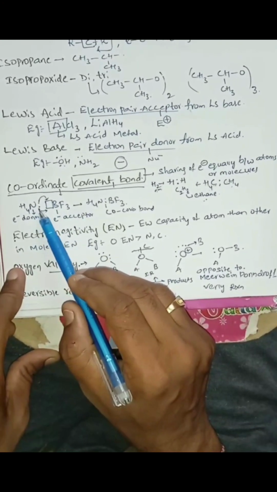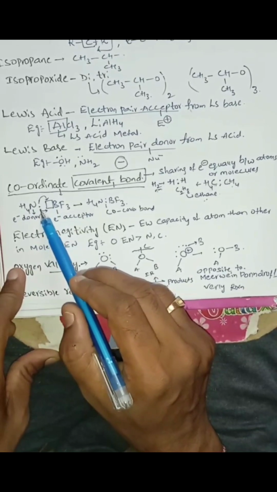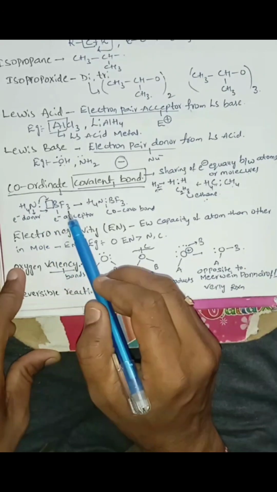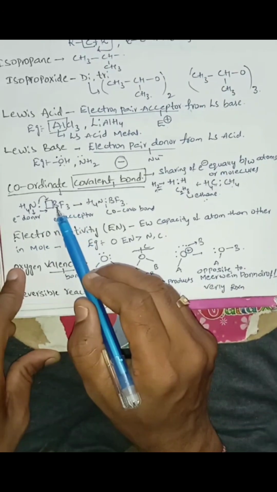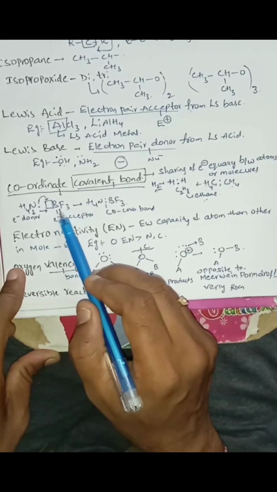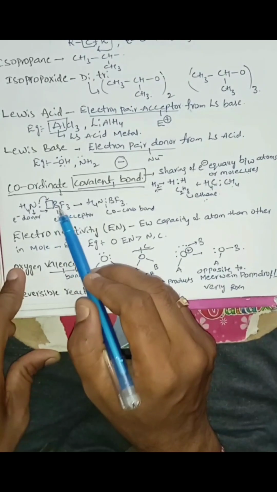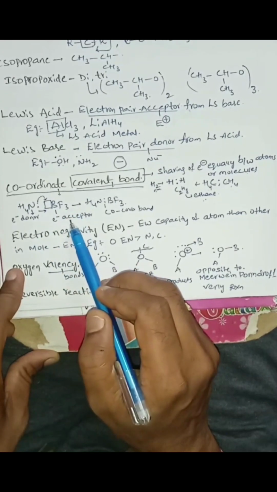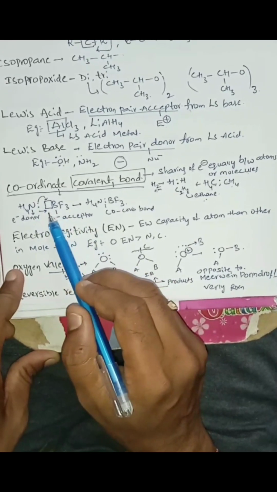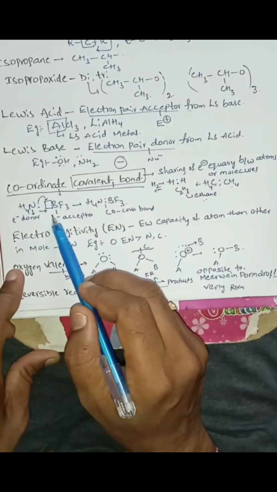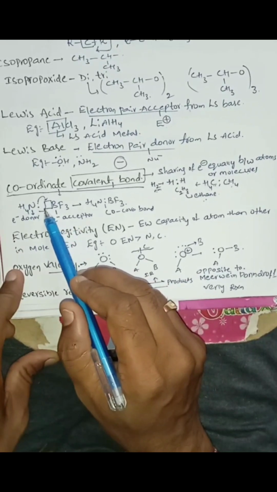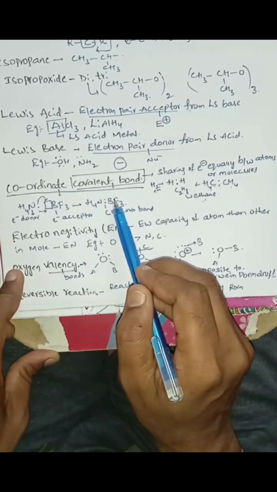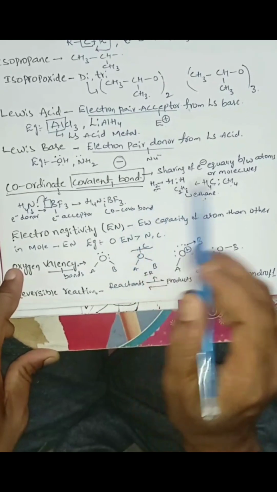In ammonia, on nitrogen, one pair of electrons is ready to donate, whereas in boron trifluoride, on boron, there is one empty orbital for accepting electrons. So here ammonia gives a pair of electrons, and boron trifluoride accepts the electrons from ammonia. The donor to acceptor bond is represented by an arrow mark. This, between two molecules, is a coordinate covalent bond.